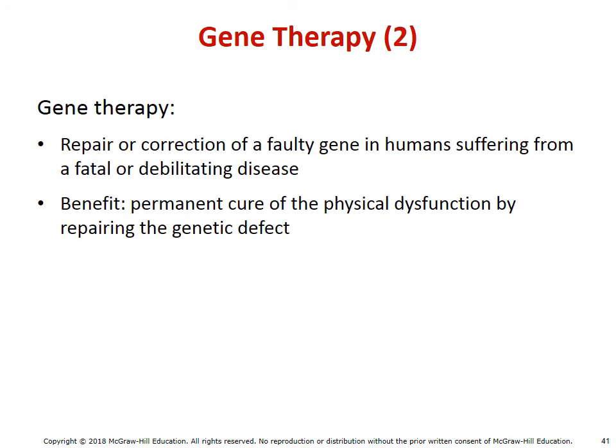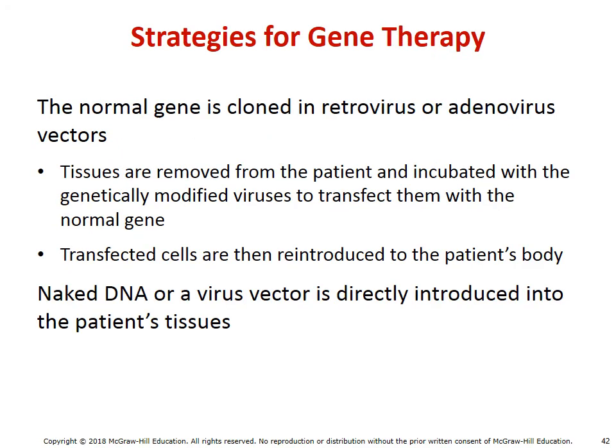The reason we care so much about gene therapy is this is the potential to correct or repair literally a problem that they're stuck with for life. And so this is a permanent fix for the issue that they have. And so having this ability would be incredibly helpful to fix a lot of people and help save their lives.